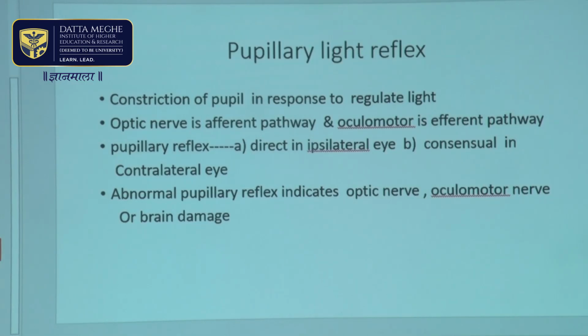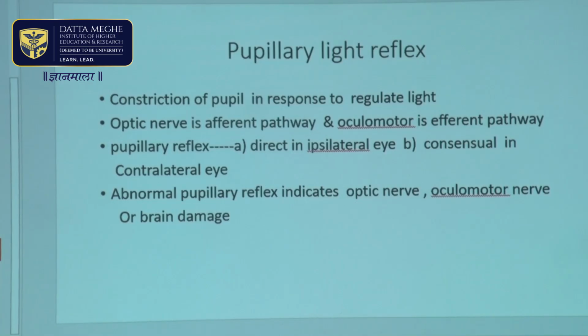So, in all the diseases of the eye, whether it is a glaucoma case or any other case, the pupillary reaction is very, very important. By noting the size, the shape and reaction of the pupil, one can diagnose ocular diseases as well as any brain damage.